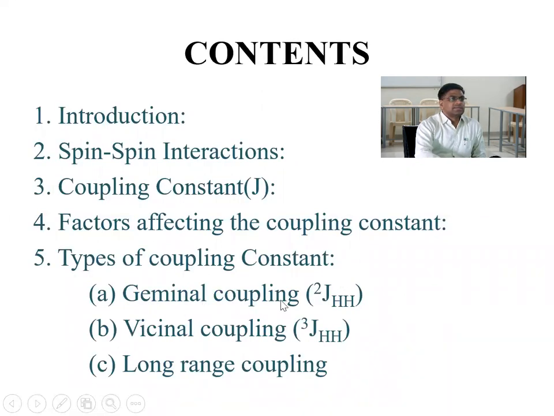Number one is geminal coupling, that can be denoted by superscript 2J HH. This number 2 denotes the type of coupling constant or number of the bonds through which interaction is taking place or coupling is taking place.